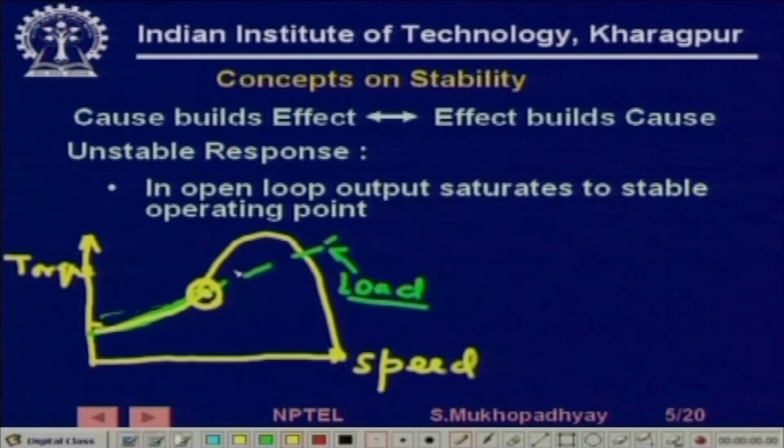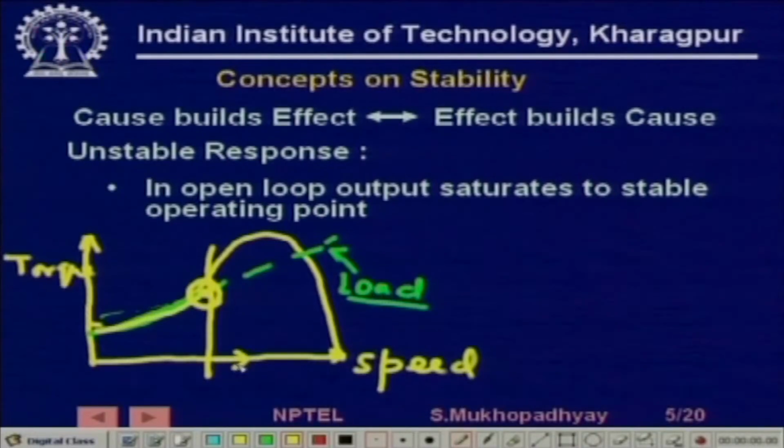So, it is a stable operating point, the motor is generating enough torque which the load demands. But if the speed here is slightly changed, let us say this way, and the motor goes to this position, then the generated torque, which is this one, is more than the load torque which is given by the green curve. So, now you have extra torque.